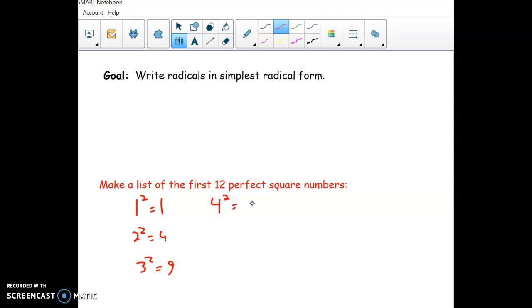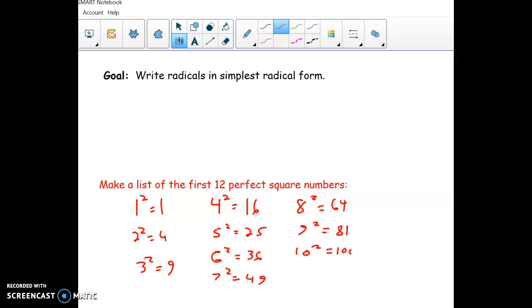All right, so hopefully you've tried this already. 4 squared, 5 squared. It's good to practice to try to remember these. 6 squared is 36. 7 squared is 49. 8 squared, 64. 9 squared is 81. 10 squared is 100. 11 squared, 121. 12 squared, 144.